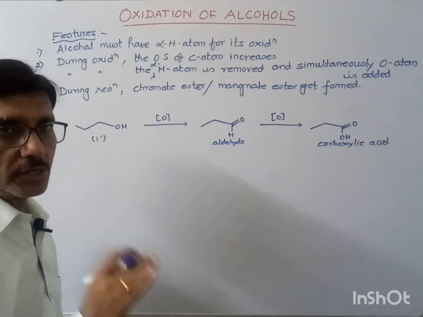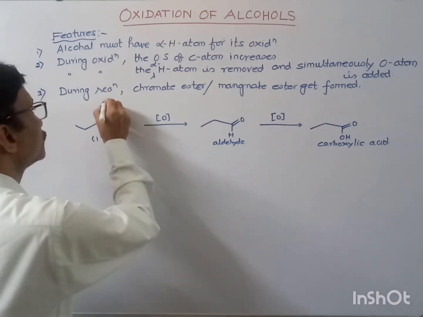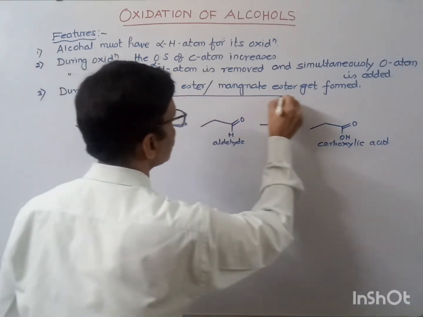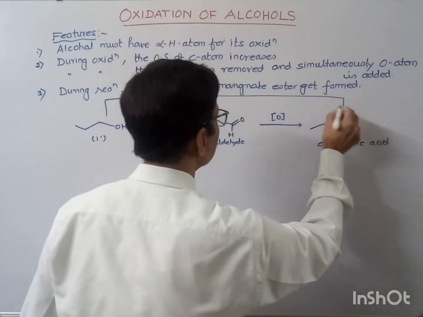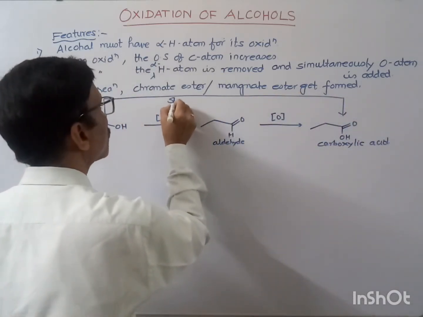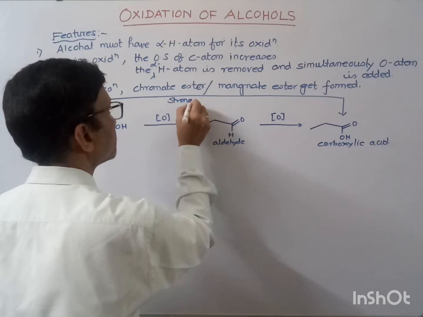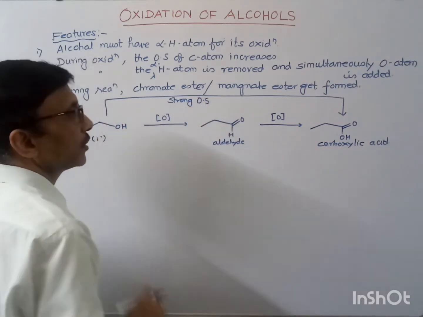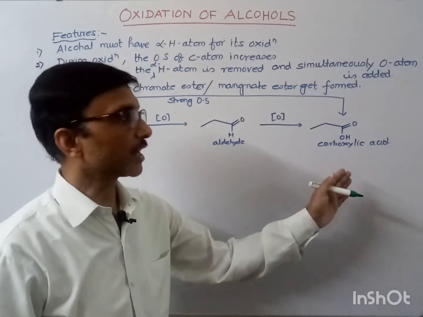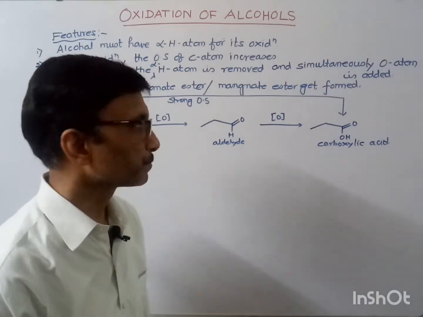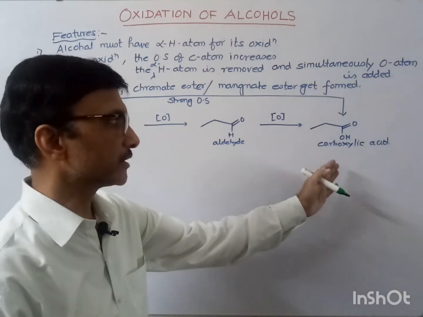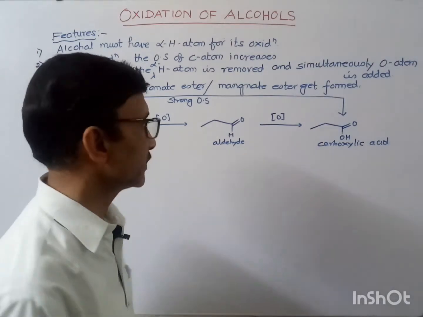This is only possible when we are using a strong oxidizing agent. In the presence of a strong oxidizing agent, the primary alcohol would be converted into carboxylic acid. First step is the aldehyde, then the carboxylic acid, so at last you will get the carboxylic acid.